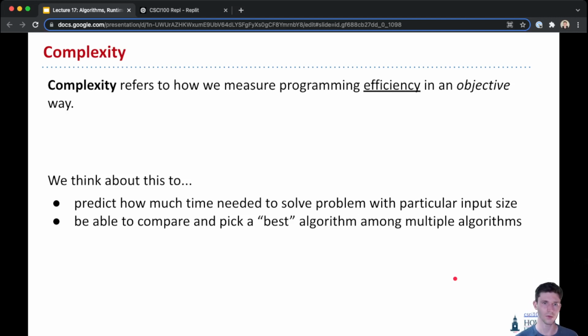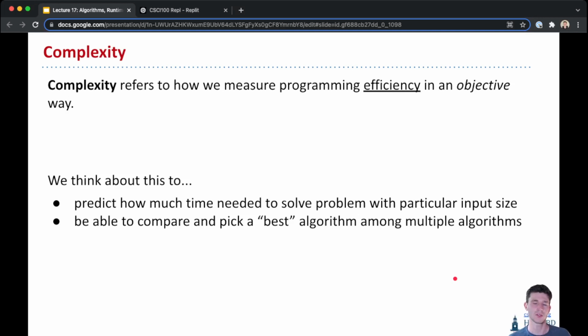And we actually need to think about this a lot, especially in industry, because you want to be able to predict for some algorithm that you've come up with how it will handle a given input size. Like if you think back to Lab 7, where you used dictionaries to analyze Shakespeare and other writers, you want to be able to reason about how well your algorithm would do if you gave it all of Wikipedia, or all of the Harry Potter books.